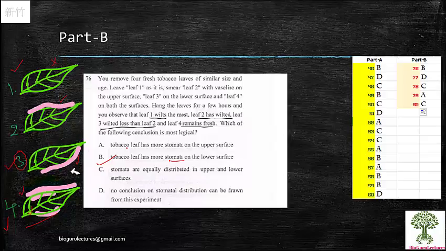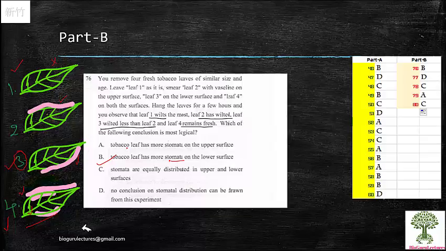Hence, we can come to a conclusion that due to the presence of more stomata on the lower surface of the leaf, the wilting of leaf 3 is not equal to leaf 2. It made the leaf stay fresh as much as possible. So we can conclude that due to more stomata on the lower surface of the tobacco leaf, it remained fresh.